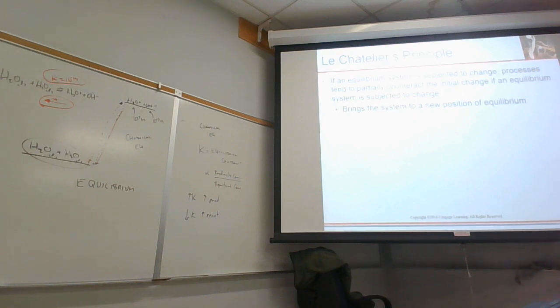The kinetics part of this is we're down here at H2O liquid plus H2O liquid. And what we'll have to do is we'll have to have a collision occur. And the collision is going to have the right orientation and the right energy to climb up the hill.